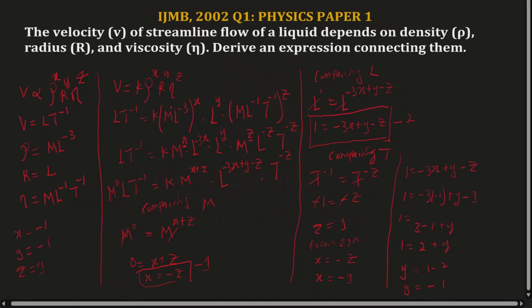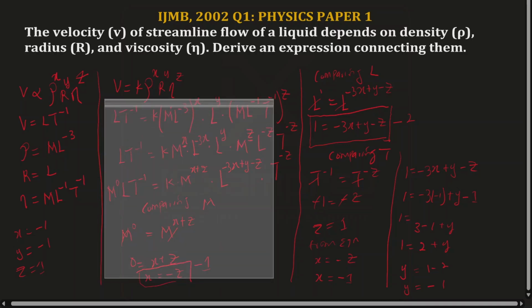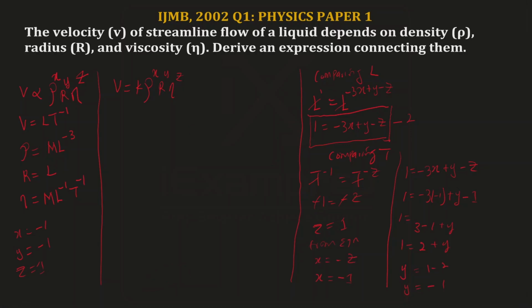All right, so now let's substitute that in the equation. Substituting, we have v equals k, density to the exponent x, and x is negative 1, radius to the exponent y, and y is negative 1, then viscosity to the exponent z, and z is 1.